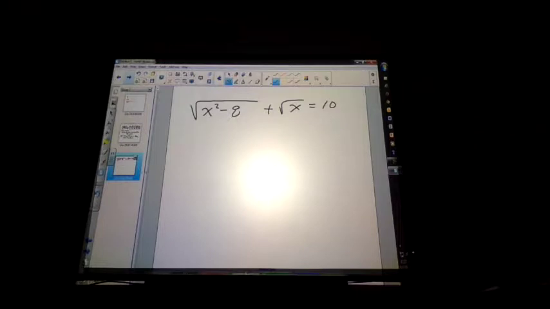I could square, maybe complete the square, sure. What's another way we can do this problem? Plug it in your calculator. You're absolutely right.